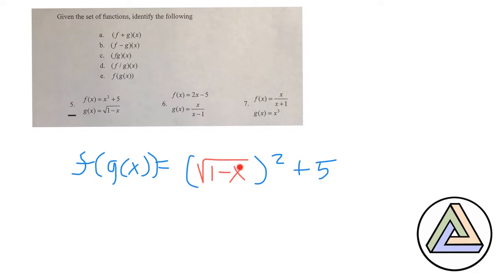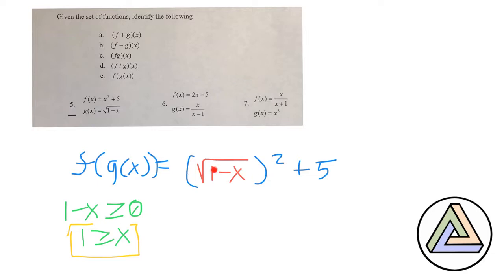I would pause here, ask myself, are there any restrictions on the domain? Well, absolutely. This 1 minus x cannot be negative. In other words, 1 minus x has to be 0 or greater, right? So I would write 1 minus x has to be greater than or equal to 0. And I would solve for x where this ends up becoming x has to be less than or equal to 1. I would make that mental note right now. X has to be less than or equal to 1.